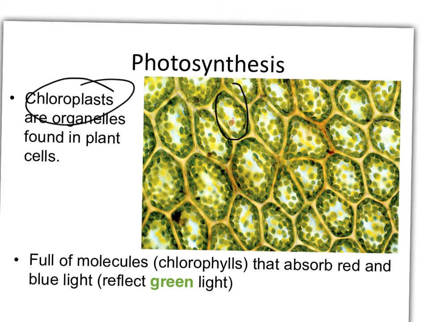Now, chlorophyll has these pigments that absorb red and blue light and reflect green. Let's see, here's the equation for photosynthesis. So, you get sunlight, we'll say, plus carbon dioxide, CO2, plus water, H2O.